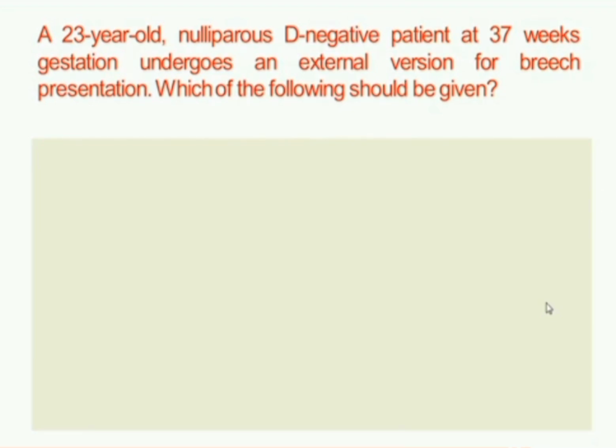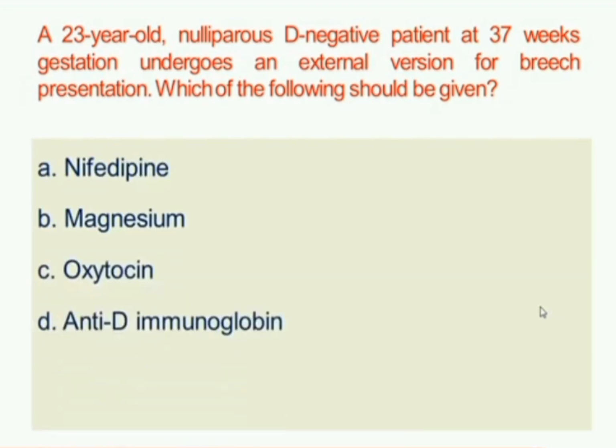The options are either nifedipine, or magnesium, or oxytocin, or anti-D immunoglobulin. So you know that the patient has an Rh negative blood group. In this regard, definitely the main theme of management is that we have to give anti-D immunoglobulin to this patient.